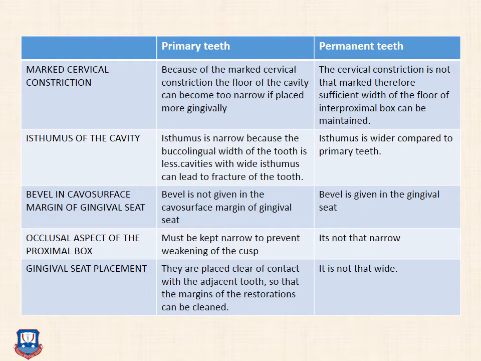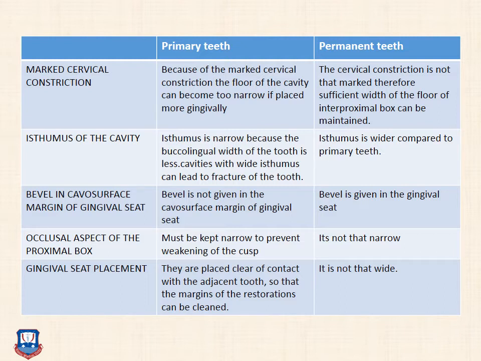So in primary teeth, the cervical constriction is marked, because of which, while preparing a cavity, the gingival margin becomes too narrow, so you have to place the gingival seat more gingivally.